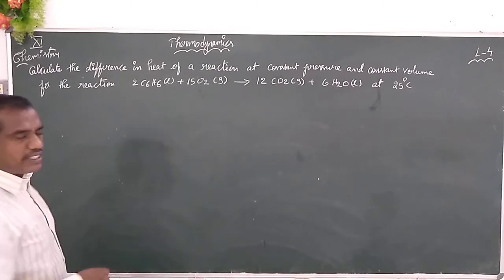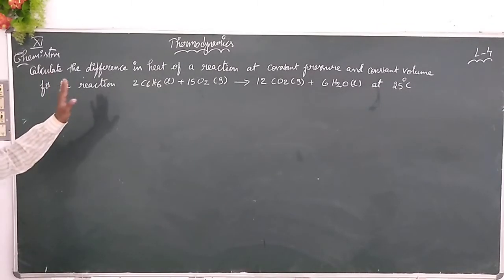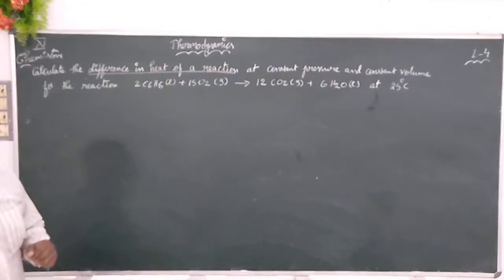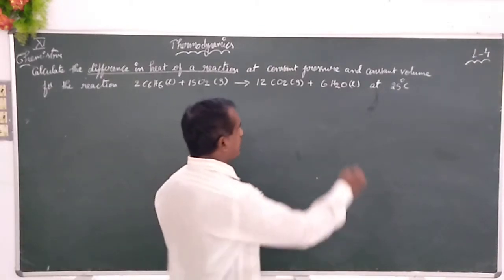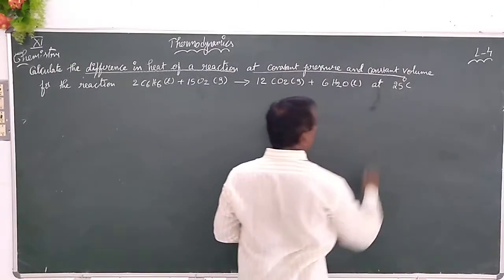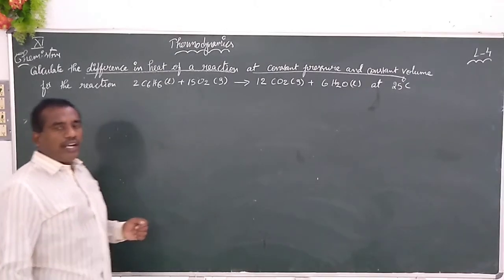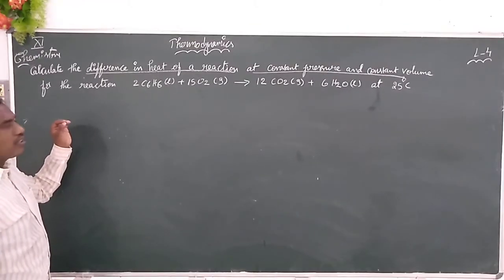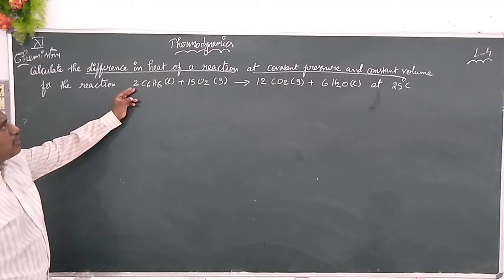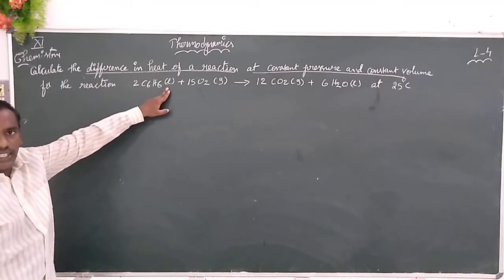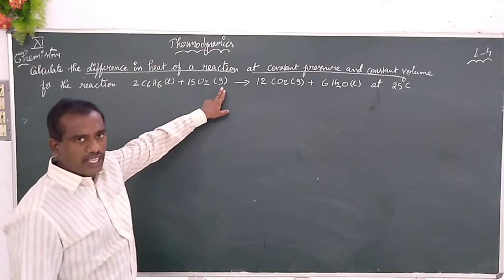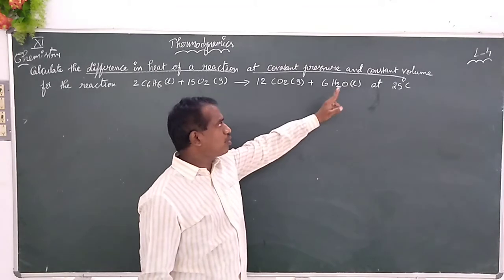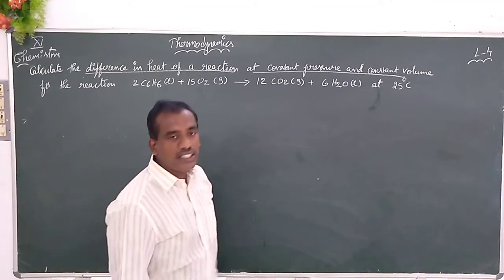The numerical is given as: calculate the difference in heat of a reaction at constant pressure and constant volume for the reaction 2 moles of C6H6 liquid state plus 15 moles of oxygen gas gives rise to 12 moles of carbon dioxide gas plus 6 moles of H2O liquid at 25 degrees Celsius.